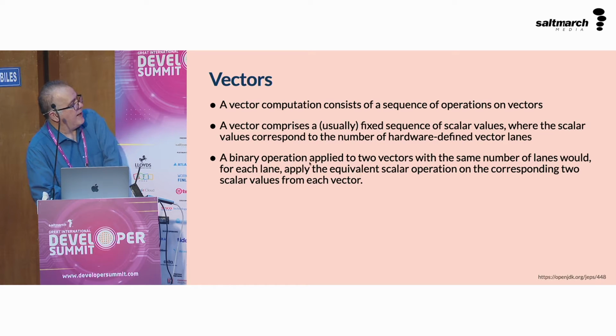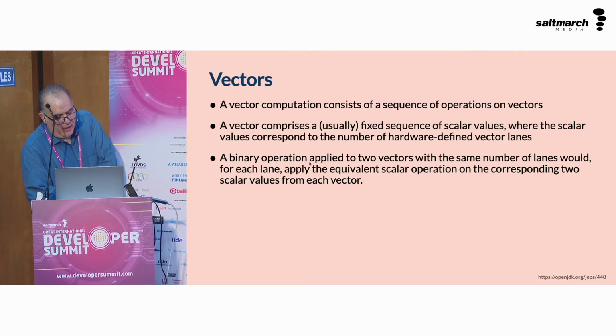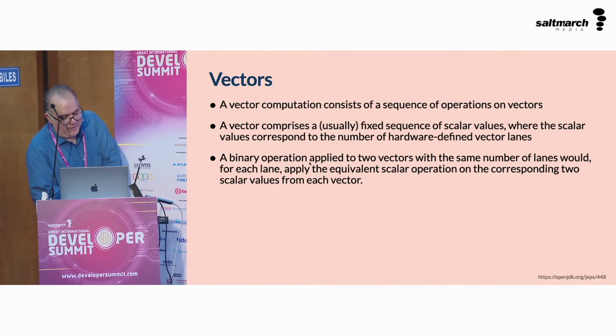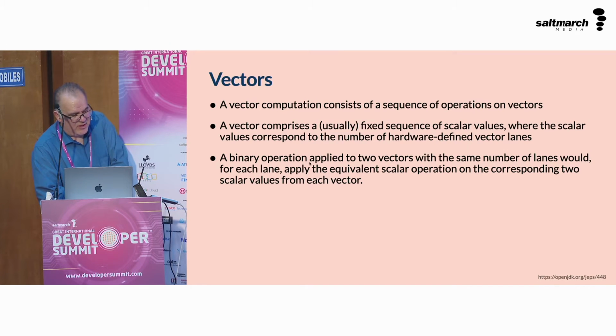Next are the vectors. Vector computation consists of a sequence of operations on those vectors. These have a fixed sequence, kind of like arrays of scalar values, where they correspond to the number of hardware-defined vector lanes. Wow, I'm really throwing some stuff at you. So we'll see some images here very shortly.